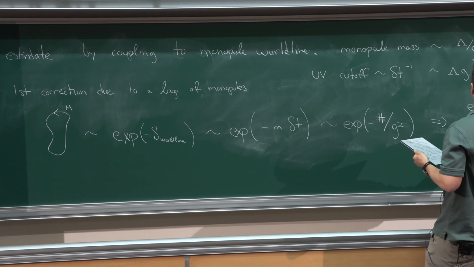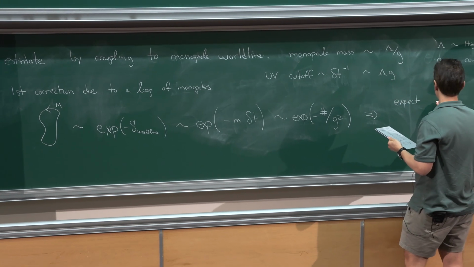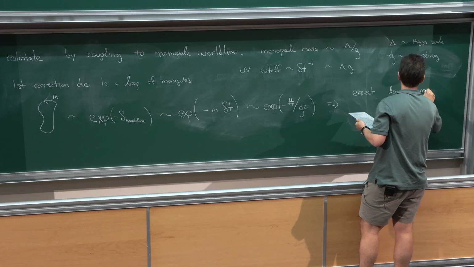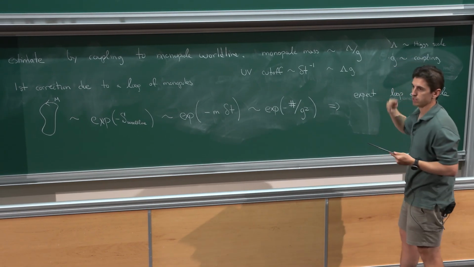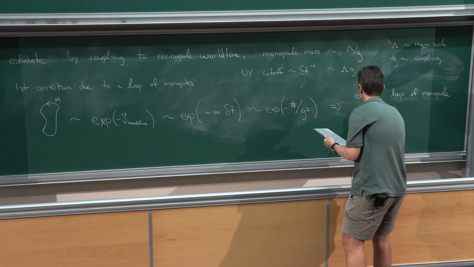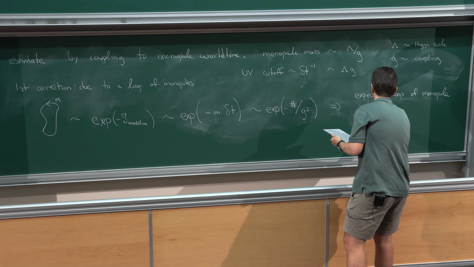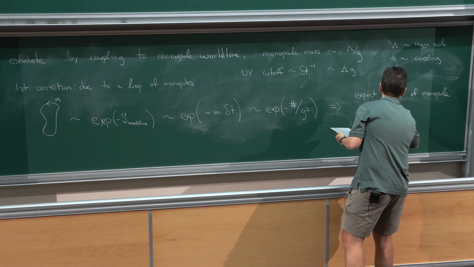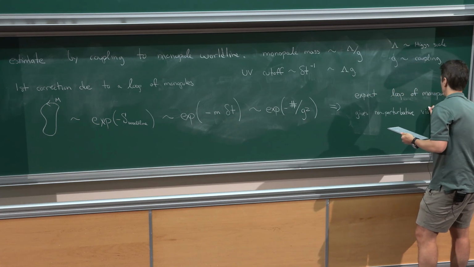We expect that a loop of monopoles will be the first correction, when you have dynamical magnetic matter, to generate a non-perturbative violation of the chiral symmetry.